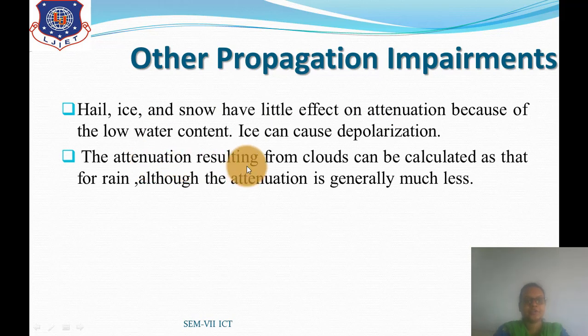The attenuation resulting from clouds can be calculated as that for rain, although the attenuation is generally much less. So if we want to calculate the attenuation resulting from clouds, we can use the same equation which we derived in the rain attenuation, right? But the value will be very less.